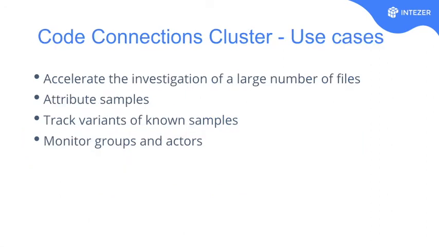So why is it even important to build a code connections cluster? How can this be useful for your needs? So first of all, it can help you accelerate the investigation during an incident. Once you can correlate a few files together based on the code, if you investigate one sample, you can conclude and share this conclusion with the other samples in the cluster as well.